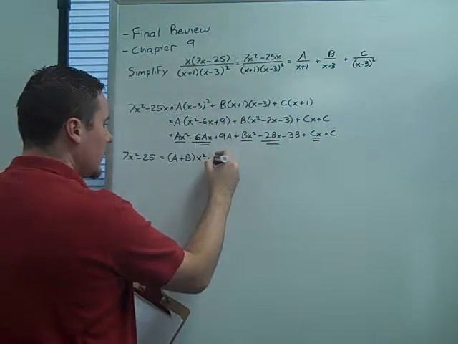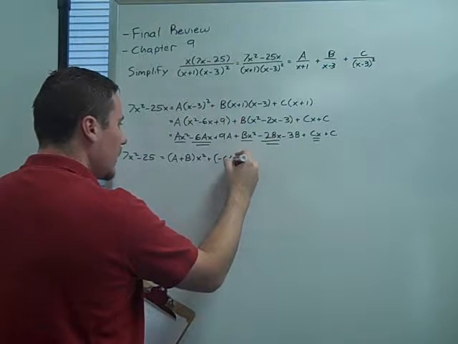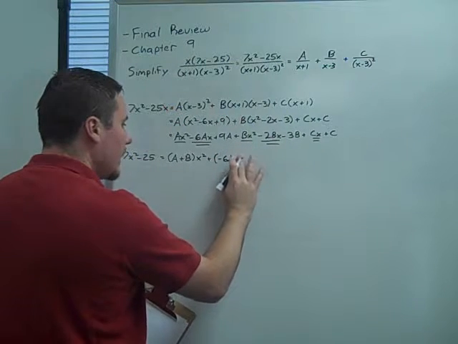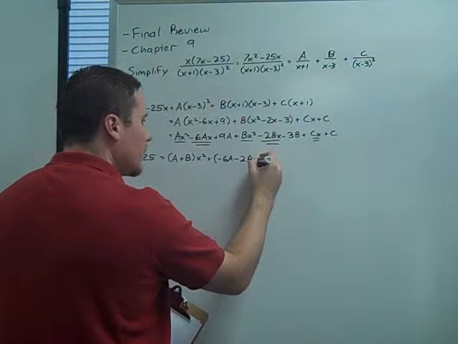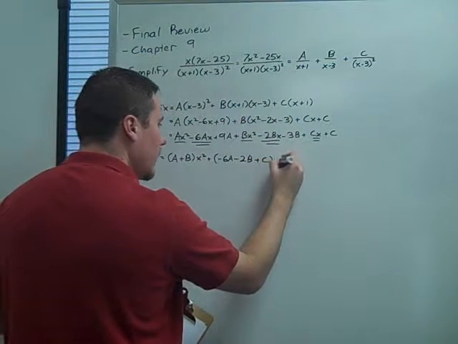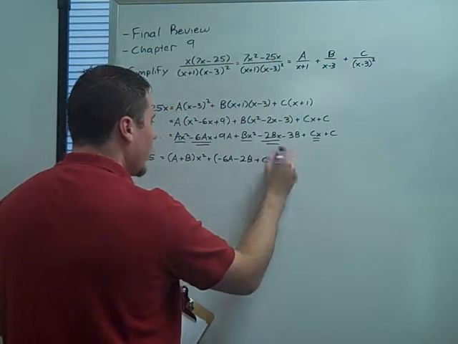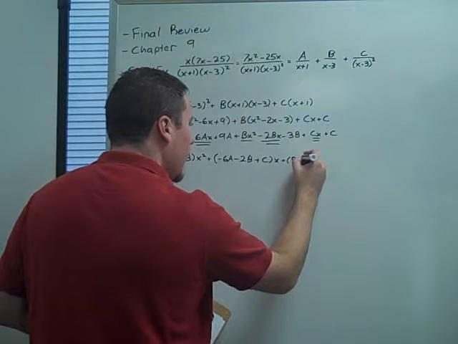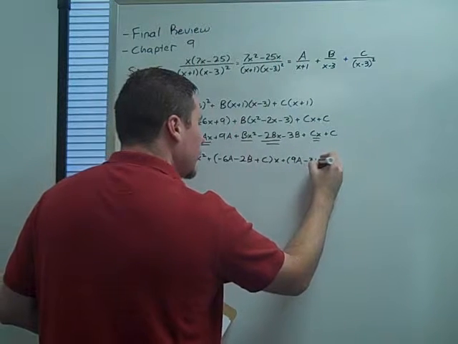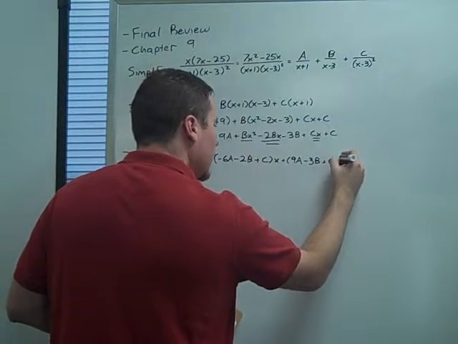So that's going to be negative 6a minus 2b plus c times x. And then my constant terms are 9a minus 3b plus c.